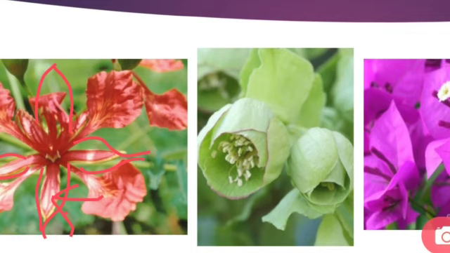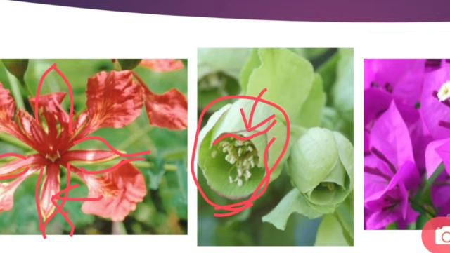Now the next case: you can see that these are the petals, and the petals have taken the color of the sepals, meaning they are green in color. This type of flower is known as a sepaloid flower. Got the difference between the two flowers?